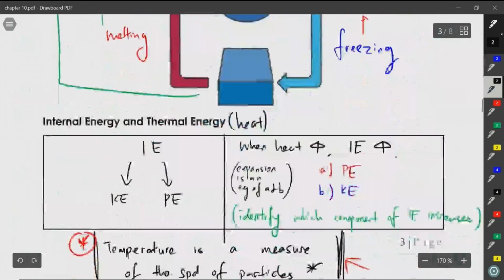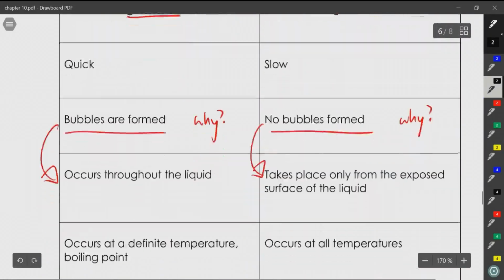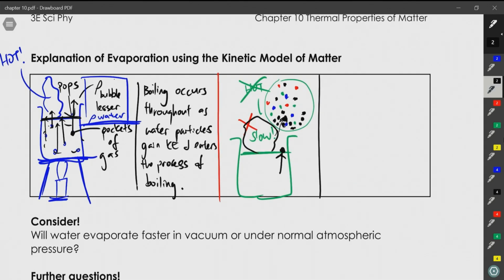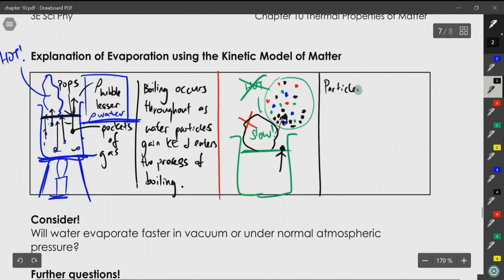So while there are particles that are very slow, there are also particles that are very fast, and usually the fast particles will reside on top of the surface, because they're making their way up to the top. What's actually happening is that when evaporation occurs, a particle with the highest KE escapes from the surface.